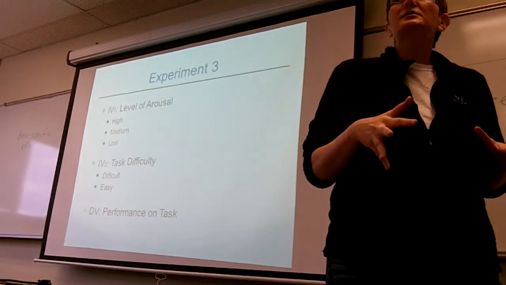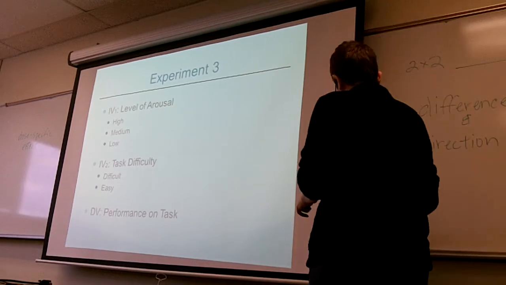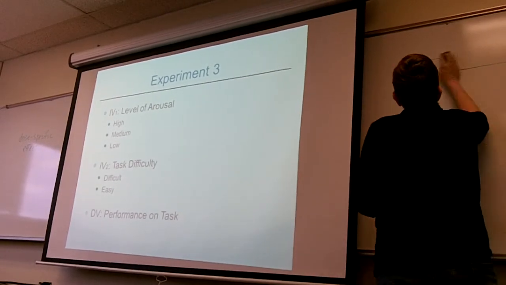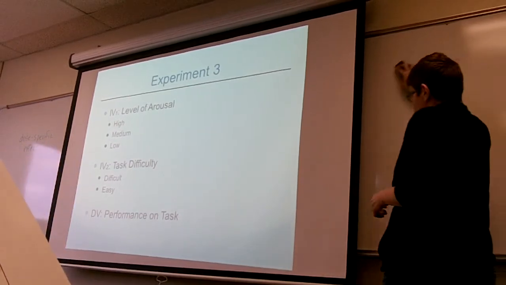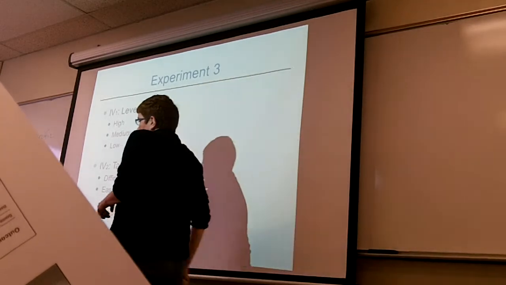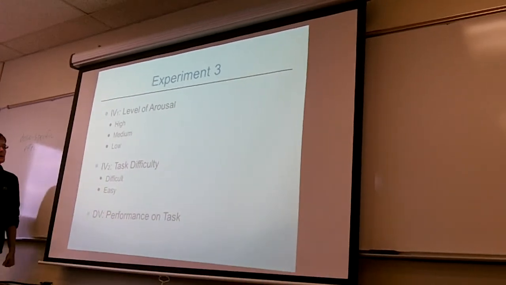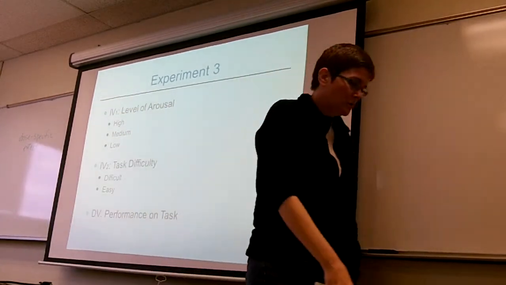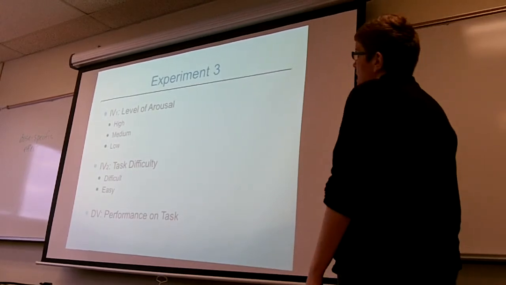So now we're going to talk a little bit about math. We're going to do it in the context of a real experiment describing a real psychological phenomenon. So in this experiment, people were assigned to one of three levels of arousal.